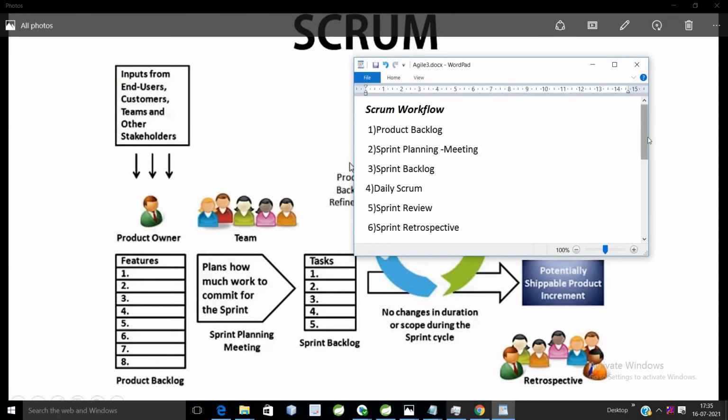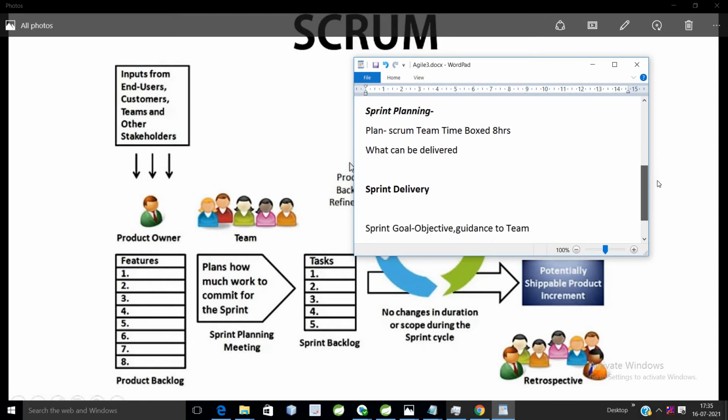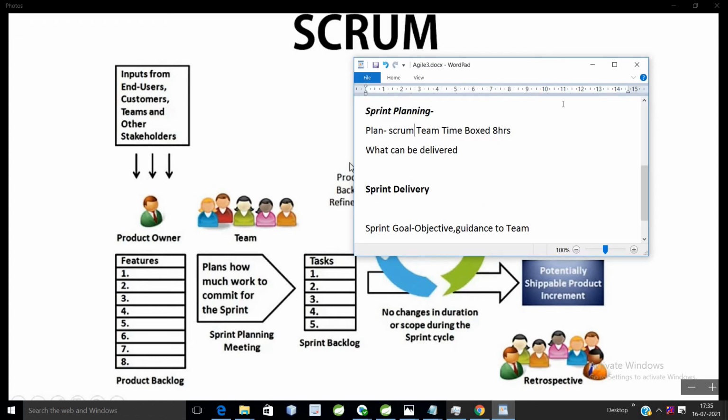Moving on to the next topic, what is sprint planning. Planning means planning to complete tasks in a time-boxed manner.